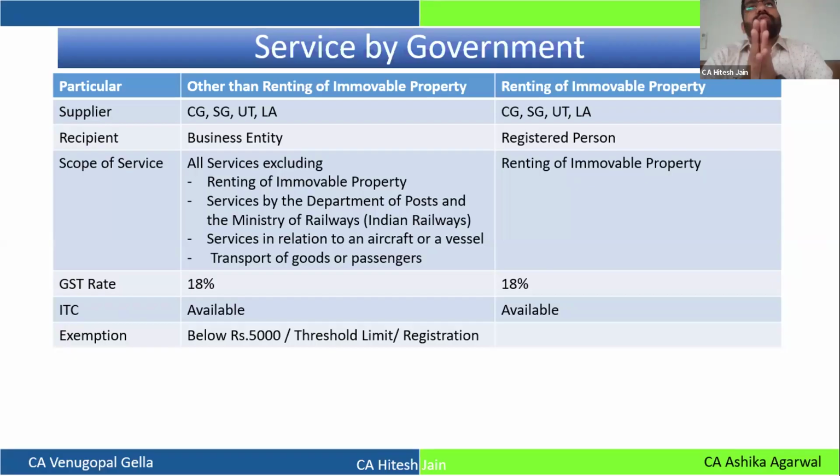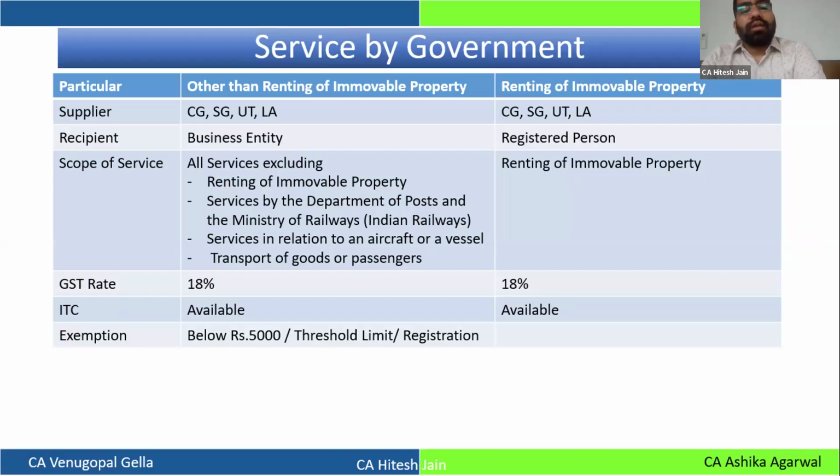Now, what all scope of services included in this? The renting of immovable property concept has been segregated. There's a separate line towards that concept. In case you are renting any immovable property from any government entity, and in case you are receiving any services from Department of Post or Ministry of Indian Railways, all those are also not covered under the RCM provisions.